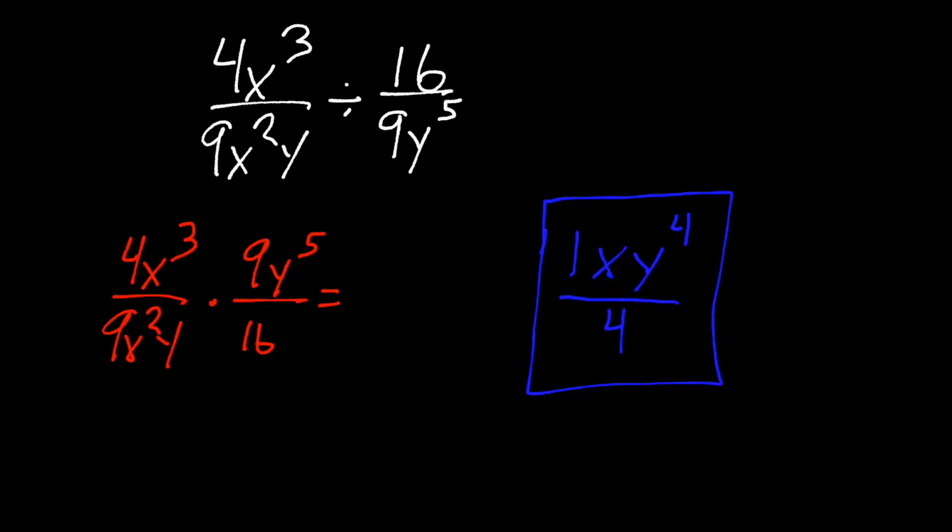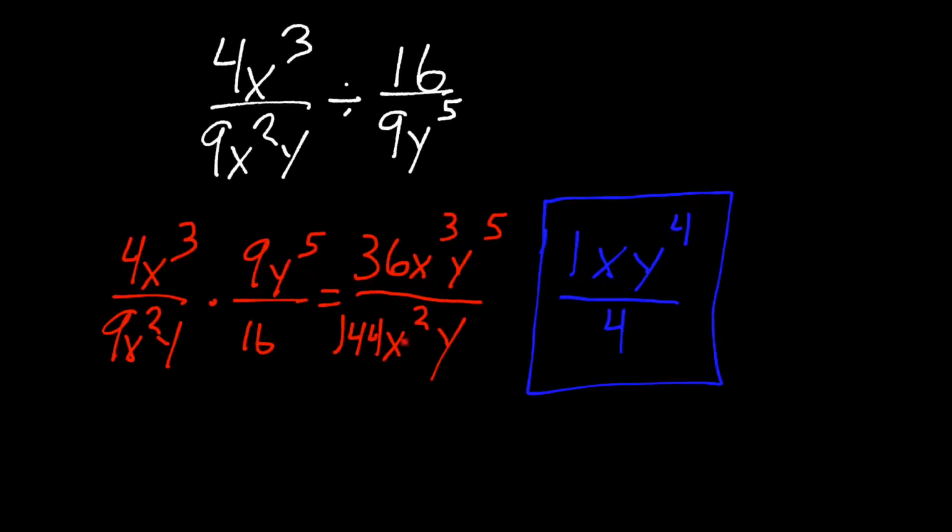So top times top, that's going to give me 36x cubed y to the fifth over, all right, 9 times 16 is 144, x squared y. And then we'd have to do the simplifying process with this.